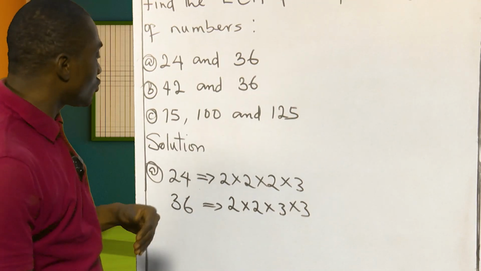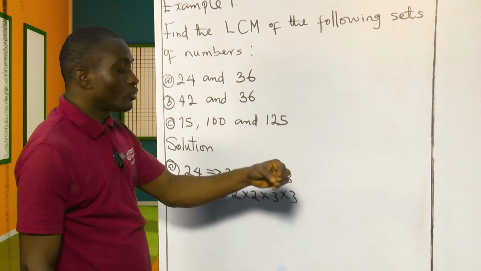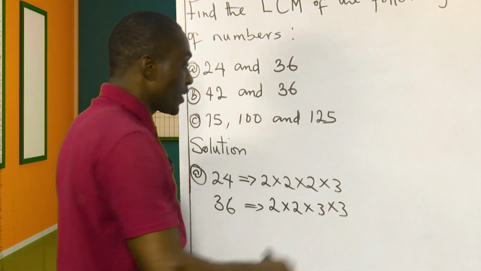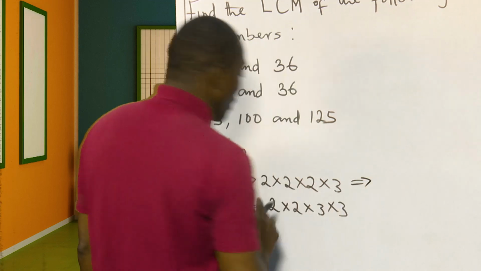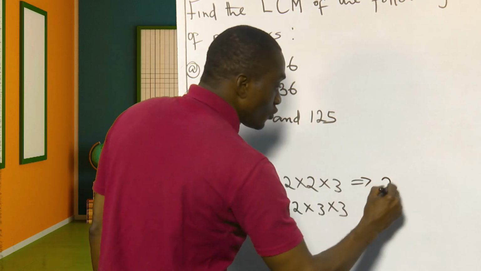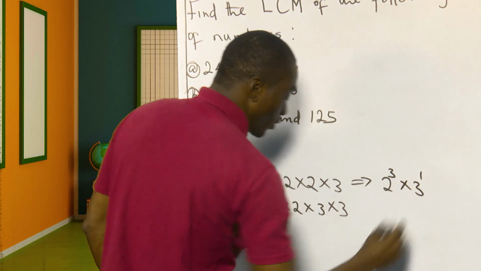Now the next thing to do is to express each of them in index form. Expressing 2 multiplied by 2 multiplied by 2 multiplied by 3 in index form gives 2 raised power 3 multiplied by 3 raised power 1.